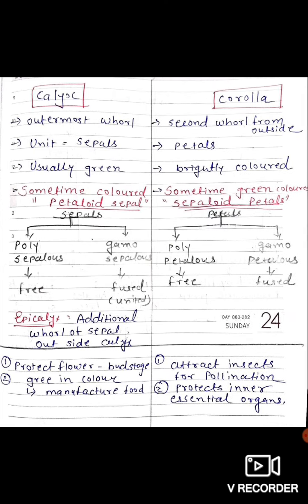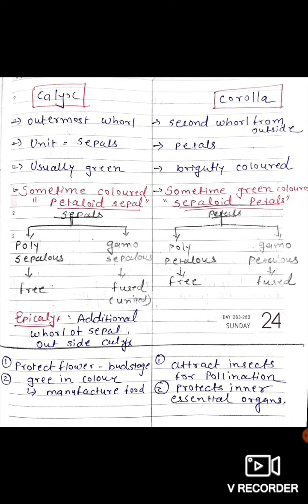Let's see the figure. It is given on page number 39, figure number 4.1. What is stamen? What is petal, carpel and sepal? It was given. Just observe the figure.